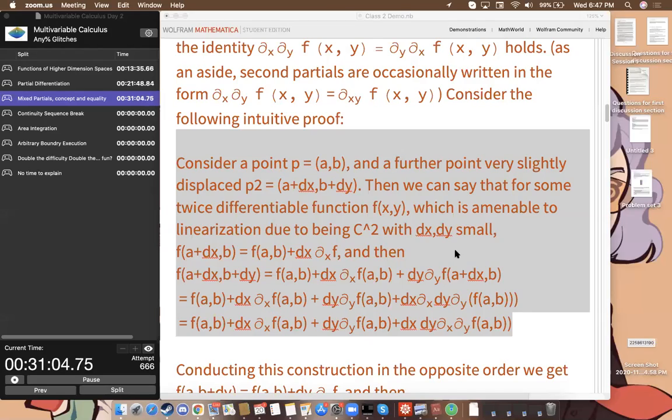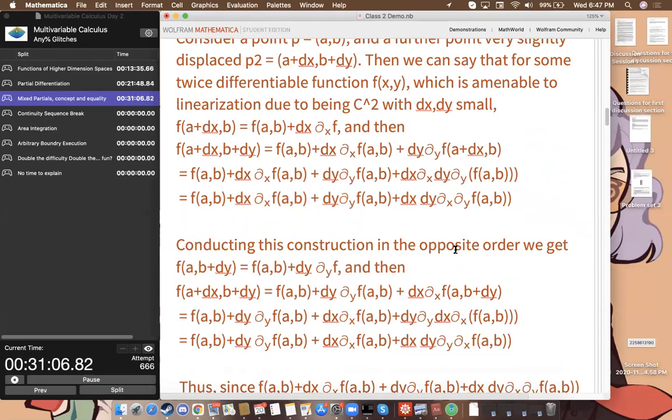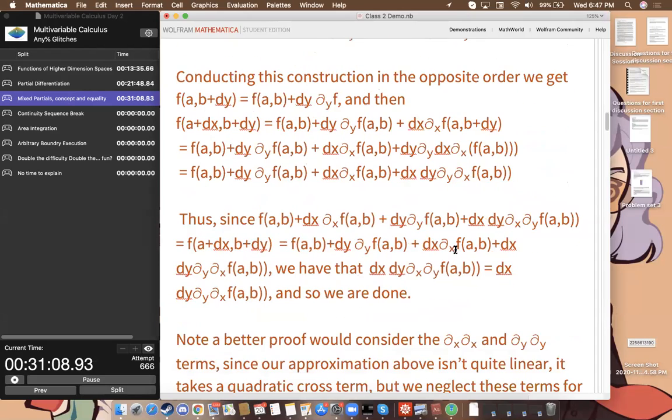Now, in fact, the proof is a little bit more complicated because the second order term is essentially a quadratic term. So you would need to handle the dx term and the dy term, but I assure you, chugging through all the numbers, you'd get the same result.